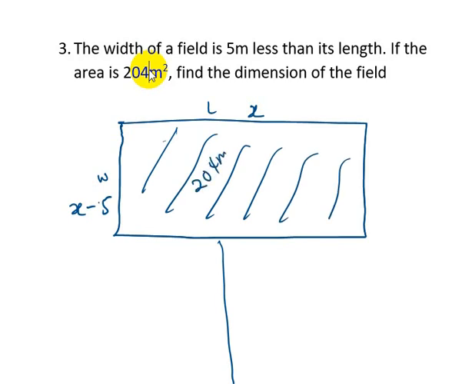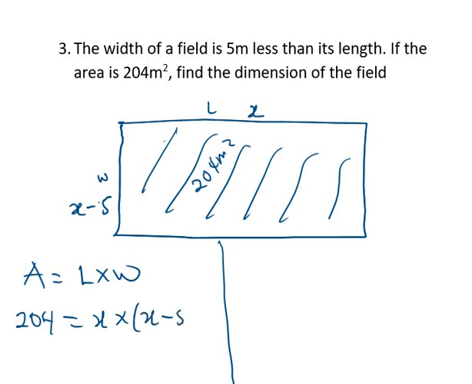And the whole area here is 204 meters square. Now we know our formula to find area. We know that area is length times width, right? So we will use this formula to get the sizes. We were given the area to be 204, so 204 is equal to our length x times our width, x minus 5.